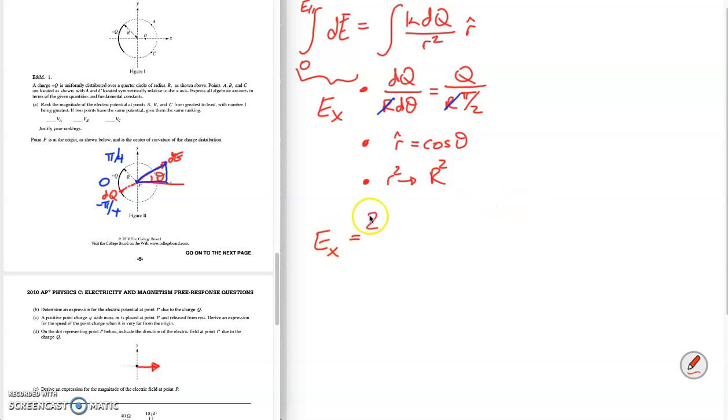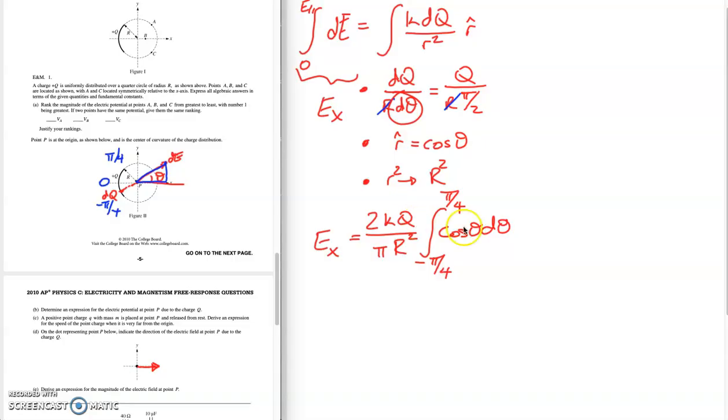We're going to have 2k q over pi, and this time we're going to need to have r squared, and then we will integrate just the cosine piece, cosine theta, and don't forget this d theta here, and we're going to go from negative pi over 4 to pi over 4.